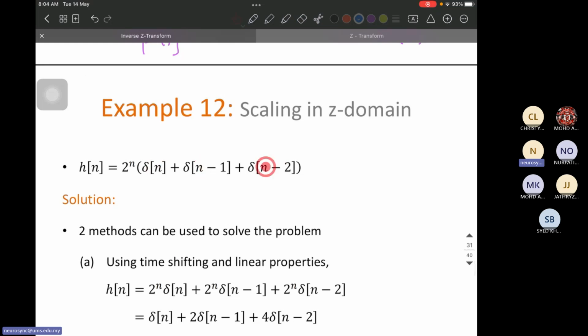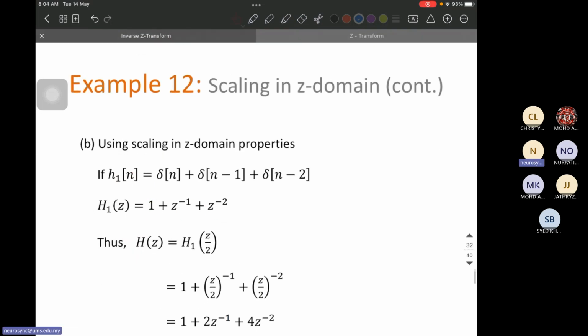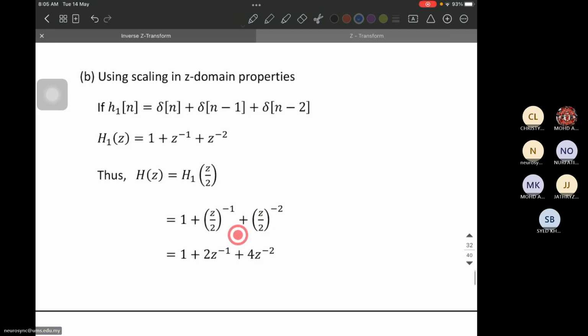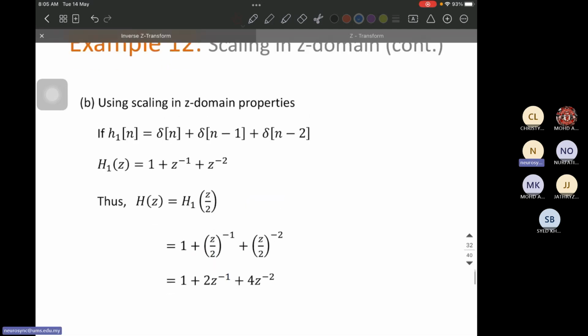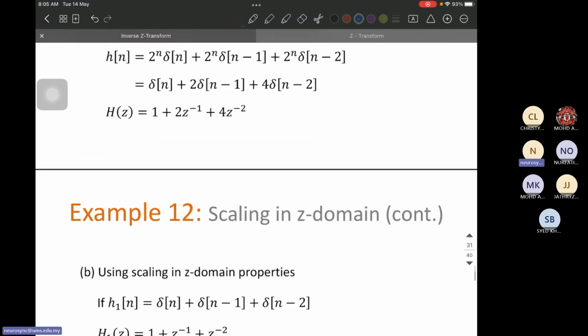The z transform of h1 of n is 1 plus z inverse plus z to the power minus 2. Now we apply scaling, because 2 to the power n is multiplied to all of this. So instead of z, you write z by 2. You will get the same answer with both methods, so you can apply any one method.